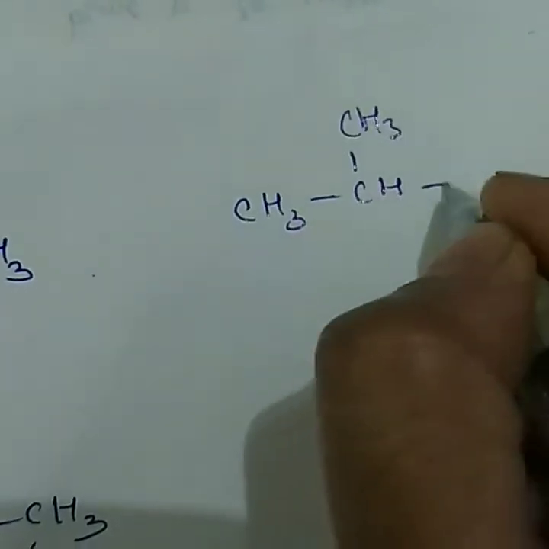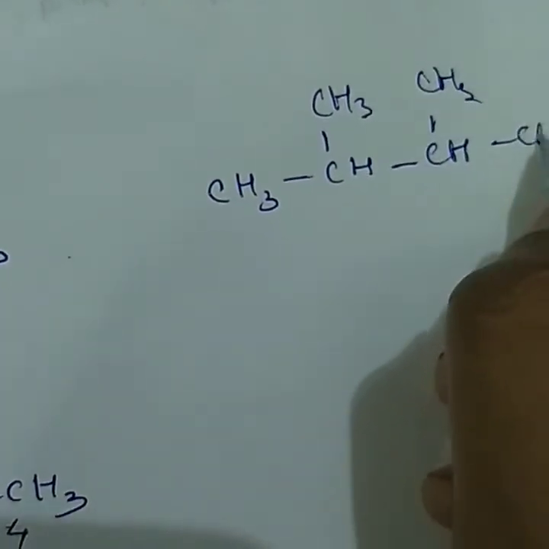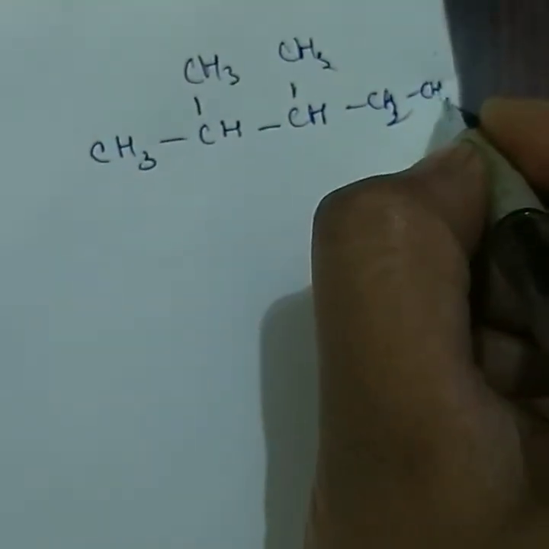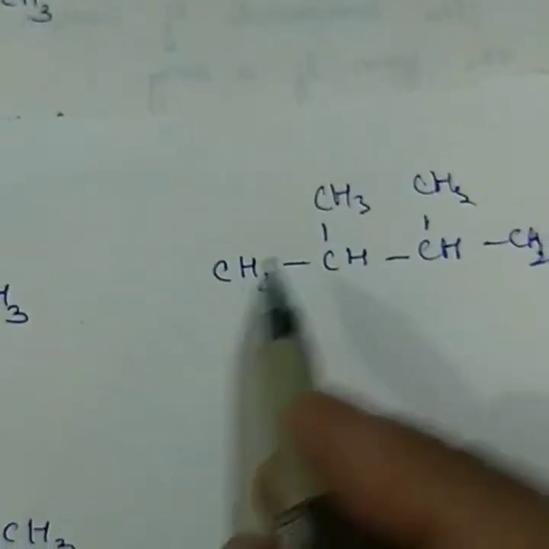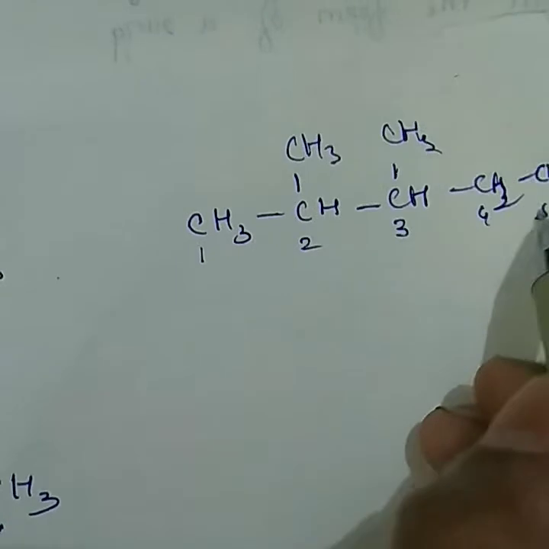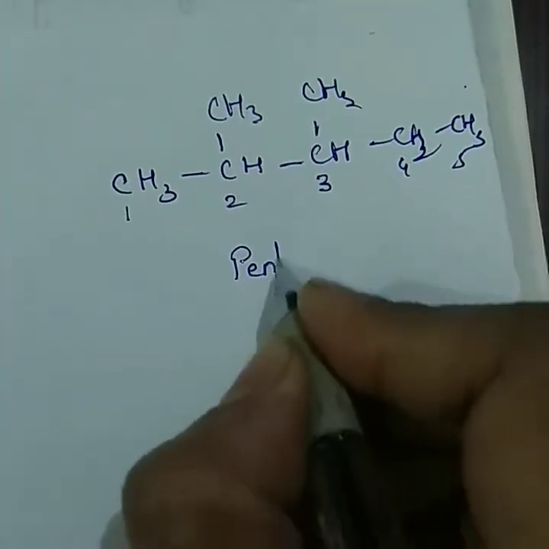One more example. CH3, CH, CH3, CH, CH3, CH2, CH3. Now how to write the name of this kind of branched chain compound? The first thing is numbering of the carbons. 5 carbons means pent-.